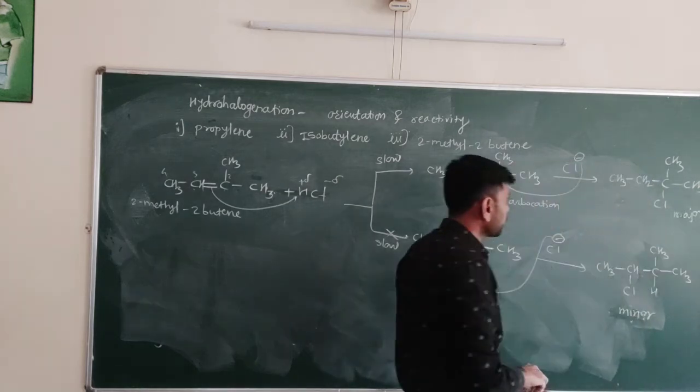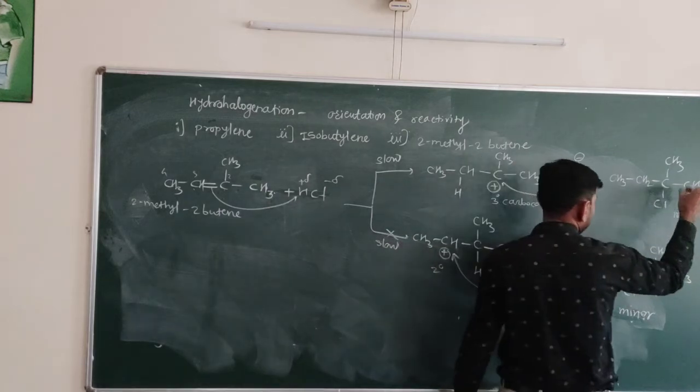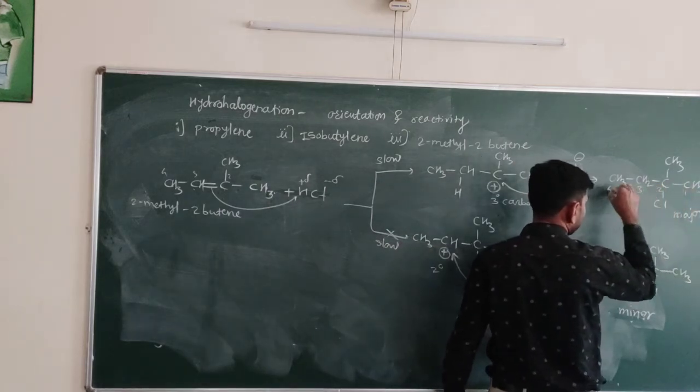For the name of this product, we start numbering from here: 1, 2, 3, 4.